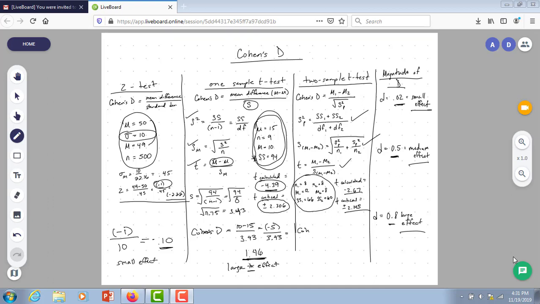Cohen's D for the two-sample t-test is the mean difference in the numerator. So you're essentially taking this, okay? So here we have 12 minus 8 over your pooled variance.